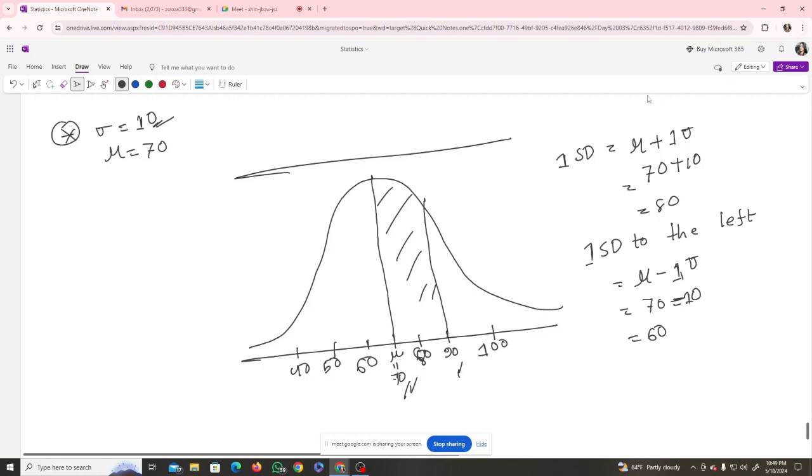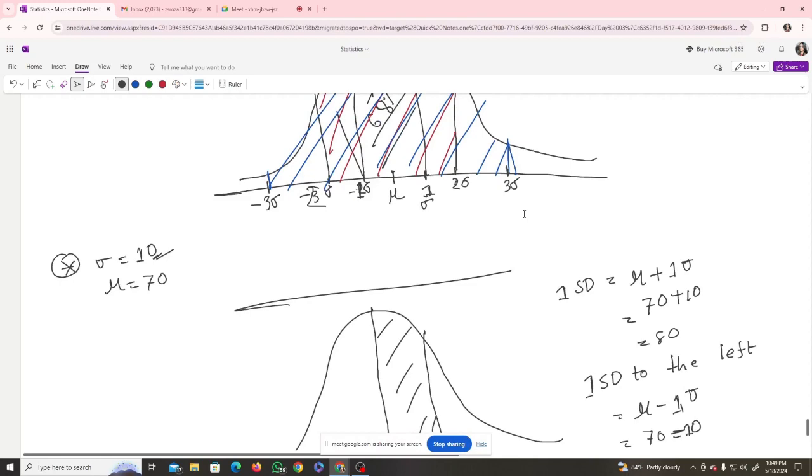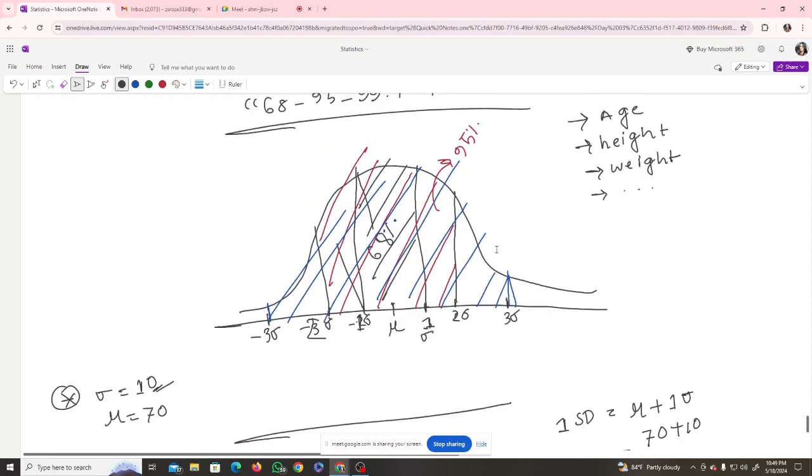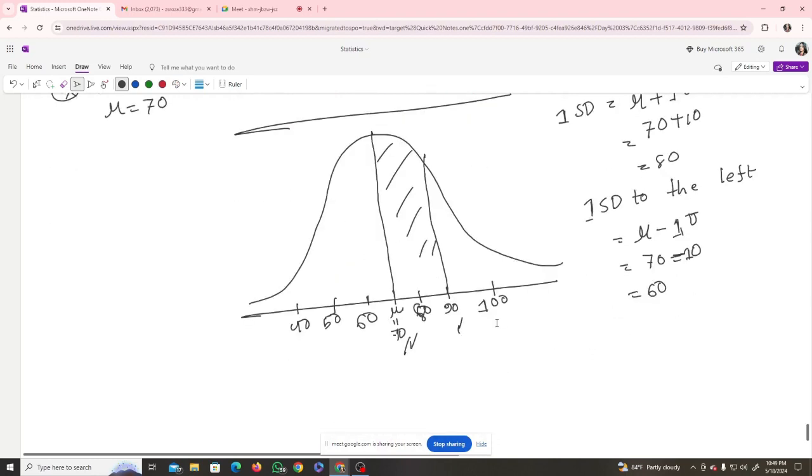Okay, so from the empirical rule, we understood what two standard deviations from the mean gives us. This is positive one standard deviation. This is negative one standard deviation. So two standard deviations from the mean is this portion, right?